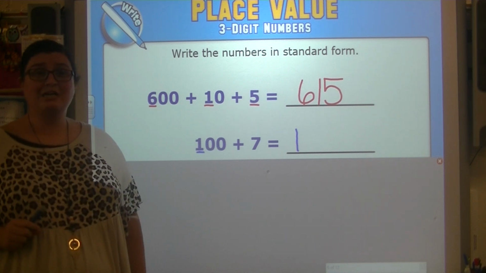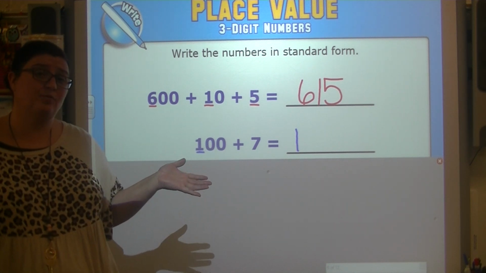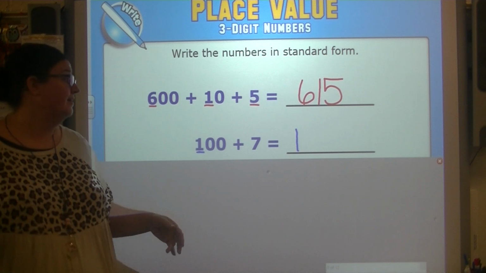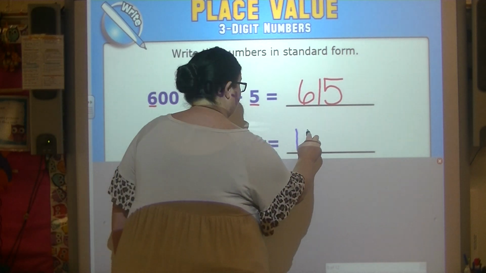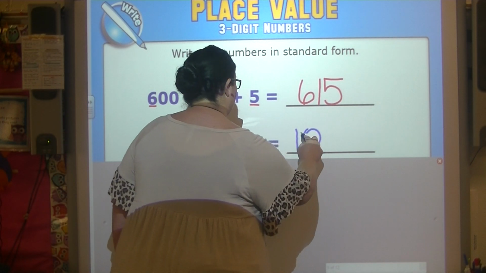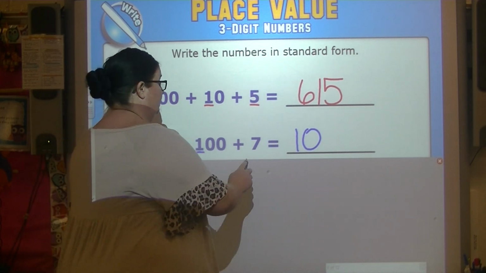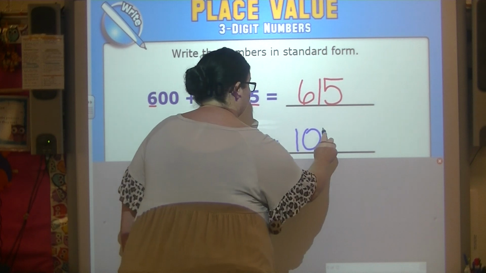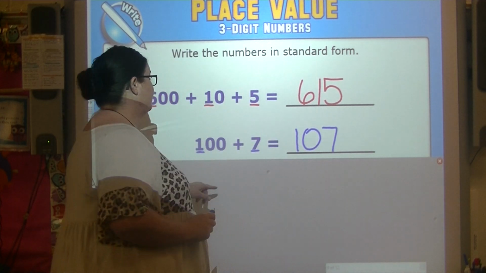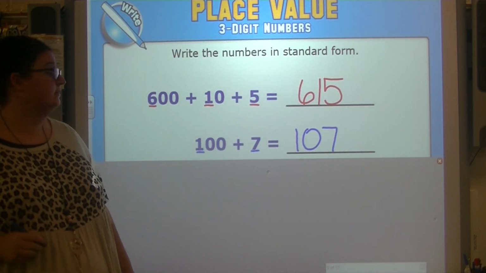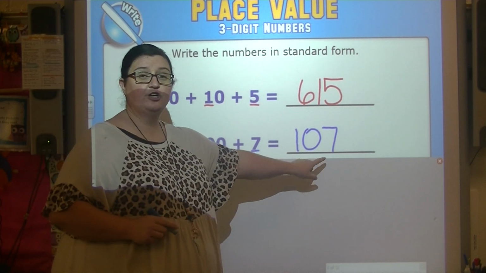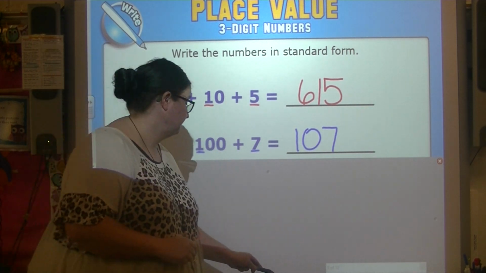There's no tens number, so if we don't have a tens number, we need to put a 0 plus, what's our ones number? 7. 100 plus 7 equals 107.